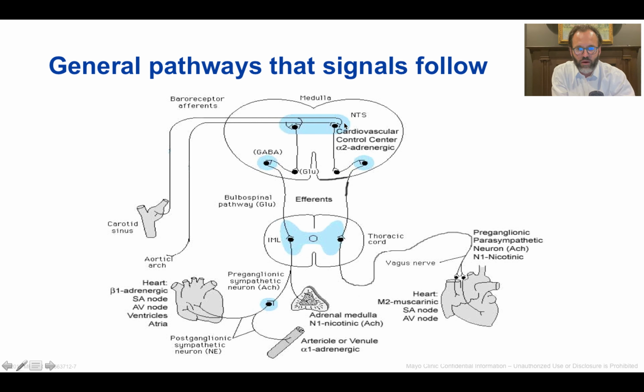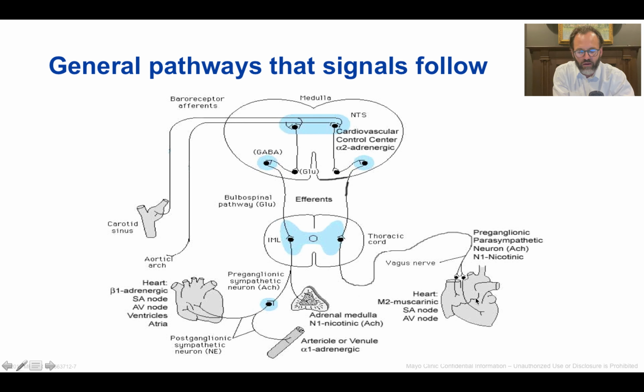When we look at these parallel signals that then go to the parasympathetic nervous system, again, there is a relatively long preganglionic fiber coming out of the spinal cord, and then a relatively short postganglionic fiber very close to target tissues.